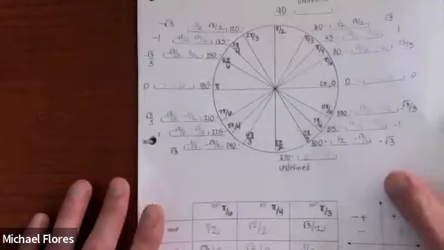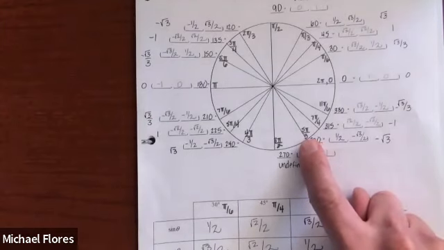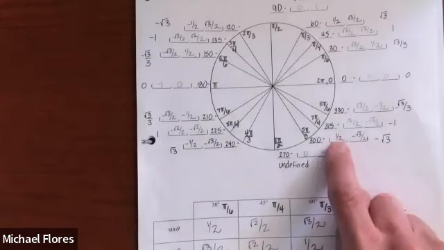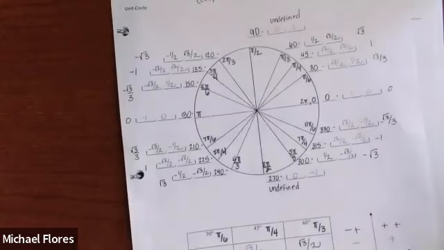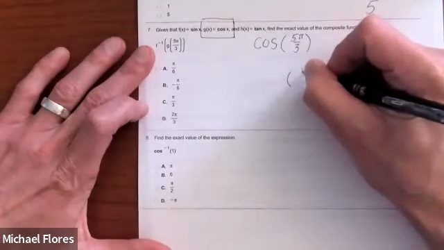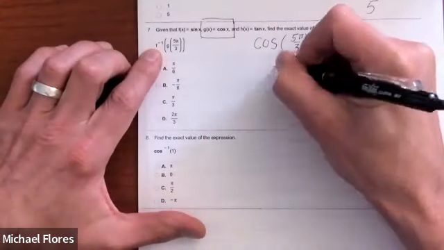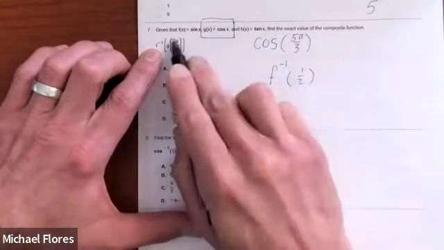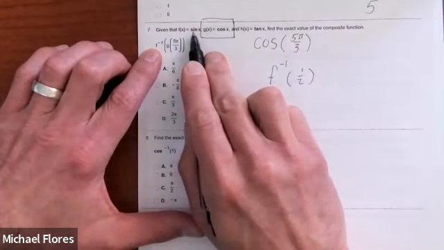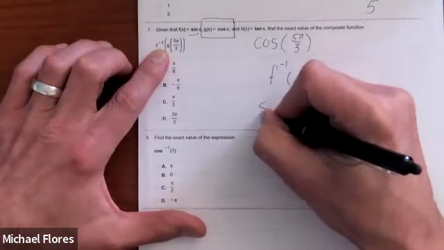Cosine means we're going to use regular unit circle. 5 pi/3 is right here. That cosine value is 1/2. So cosine of 5 pi/3, that's 1/2. And now we can take care of that f of -1. Let's see, the f function is sine, but we need to do inverse sine.